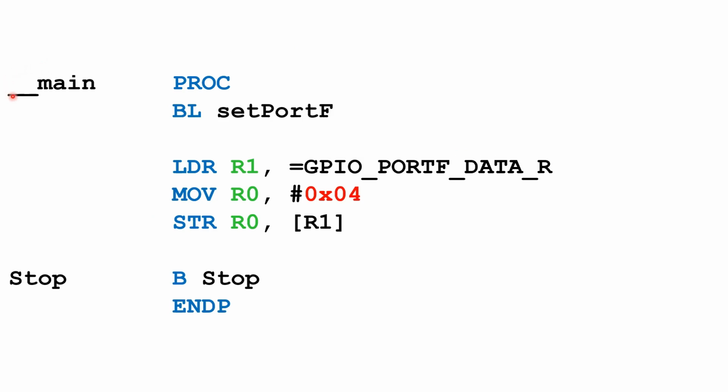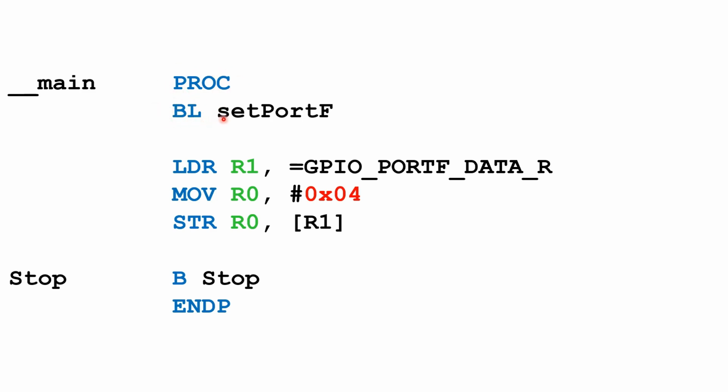Okay, so here is the entry point, which is __main. And then here, this PROC is short for procedure, or it marks the start of the procedure or routine, sorry.